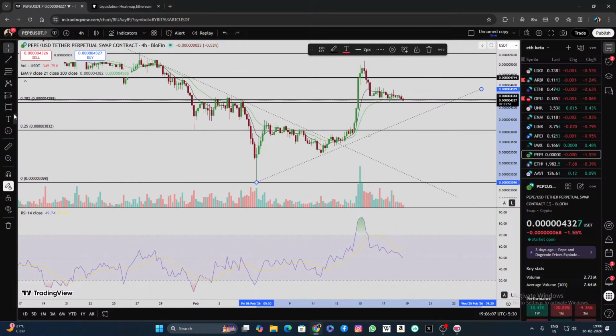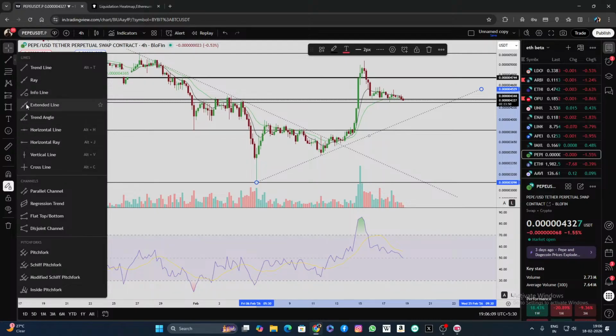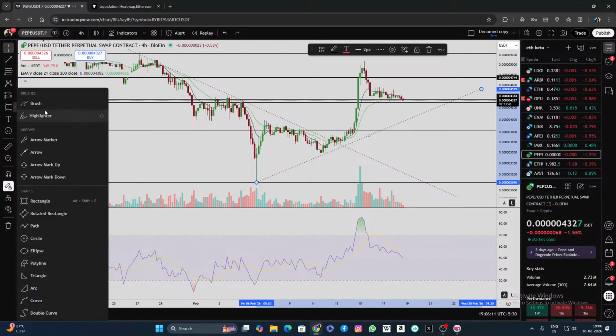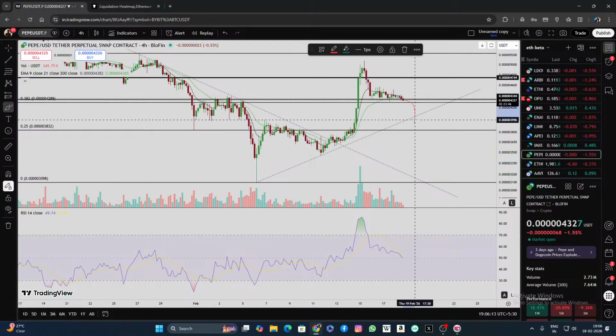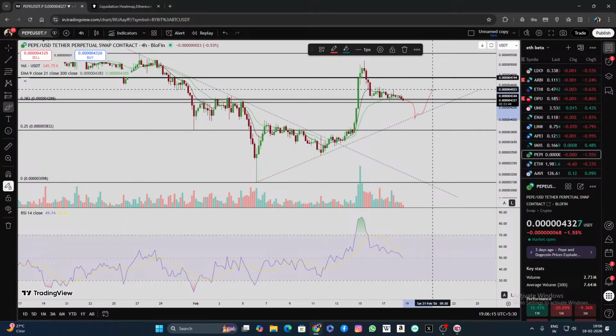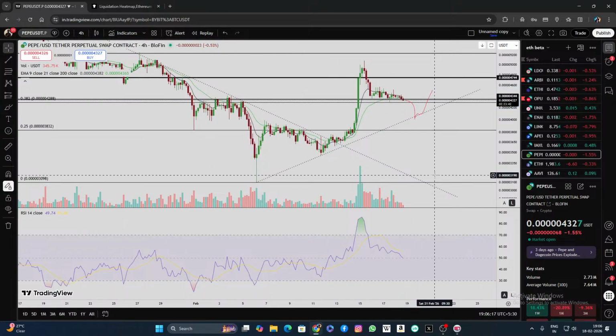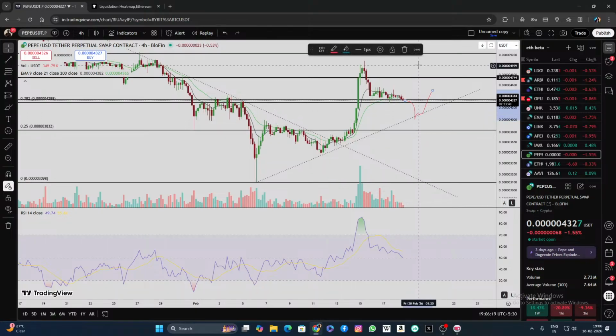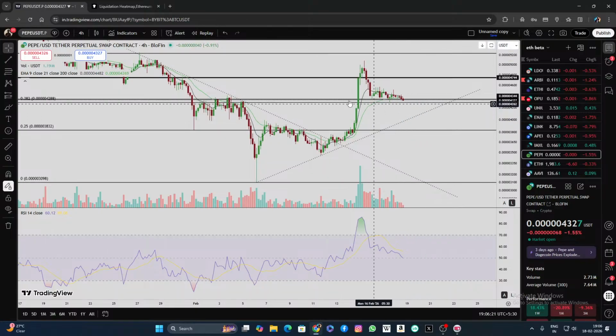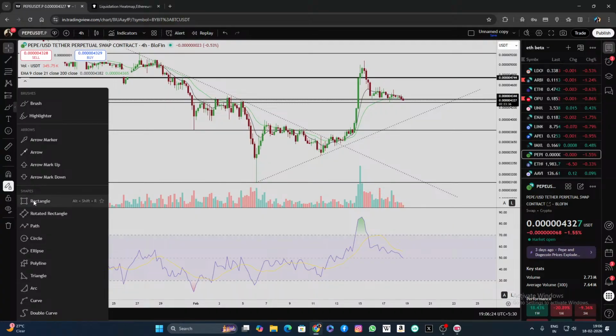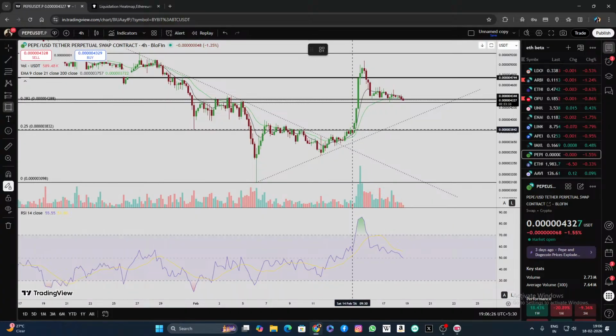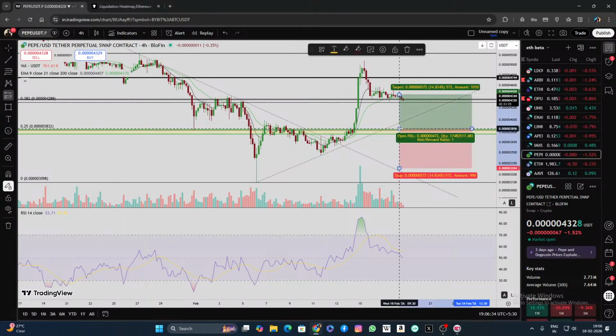So plan for Pepe: something like this, or even if the market gives a false breakdown, then the safe entry would be this. You guys can put limit on Pepe here.